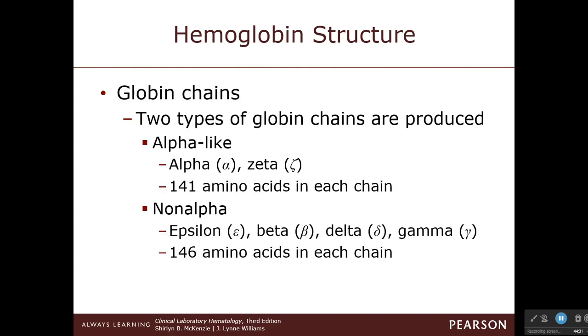Okay, let's talk about globin chains. This is important. So this is what we were talking about before. So you have 2 chromosomes. How many chromosomes do we have in our body as an adult? Okay, so 23?